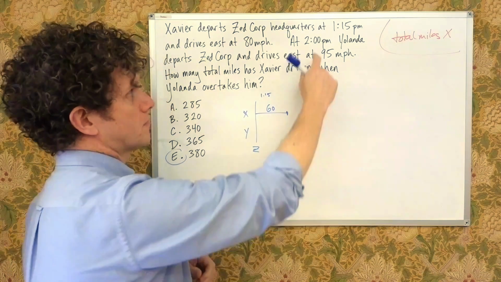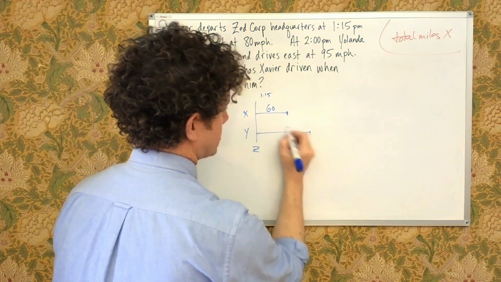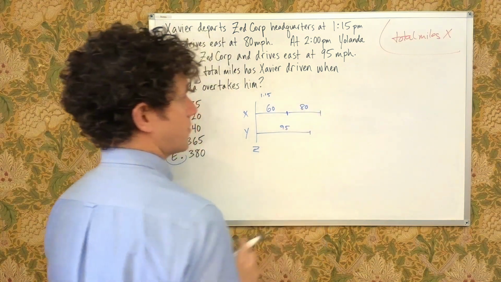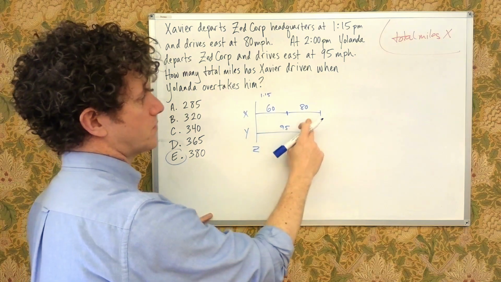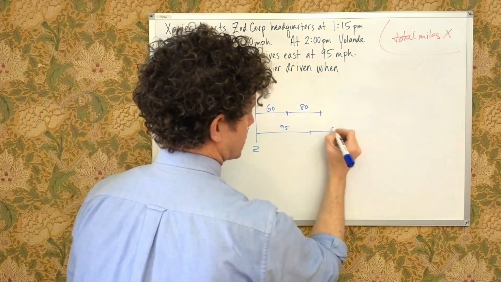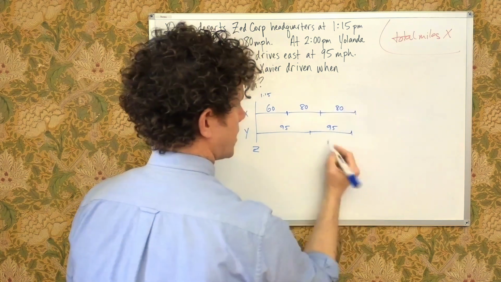Then what happens? She starts driving at 2, and in the next hour, she covers 95 miles, and he adds another 80. That's 140. He's still out ahead of her. What happens in the next hour? She adds another 95. He adds another 80.